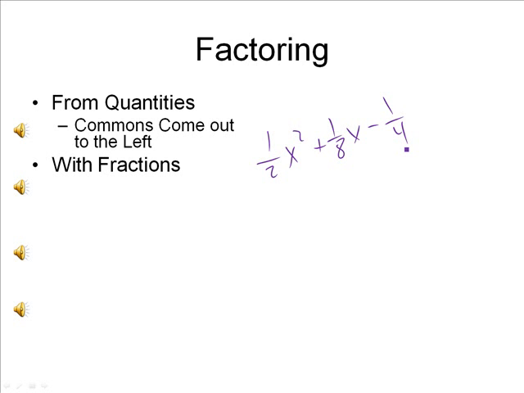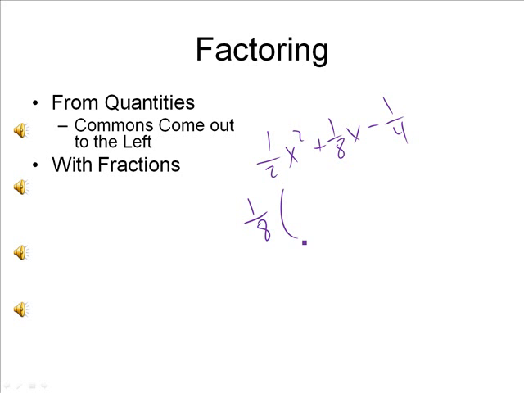With fractions, we always want to go along the lines of the least common denominator. Least common denominator and greatest common factor in this situation are the same thing. We want to factor out the 1/8 because 2, 4, and 8 can all be 8.